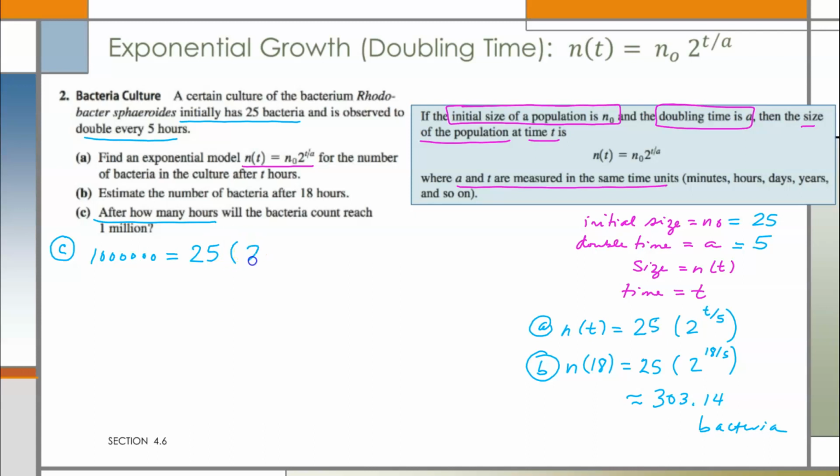We still have 2 raised to the t, because that's what we're looking for this time, after how many hours. So we're looking for t, t divided by 5, which is still our a. First thing that we're going to do is take that 25 and divide over. 1,000,000 divided by 25 is equal to 40,000.